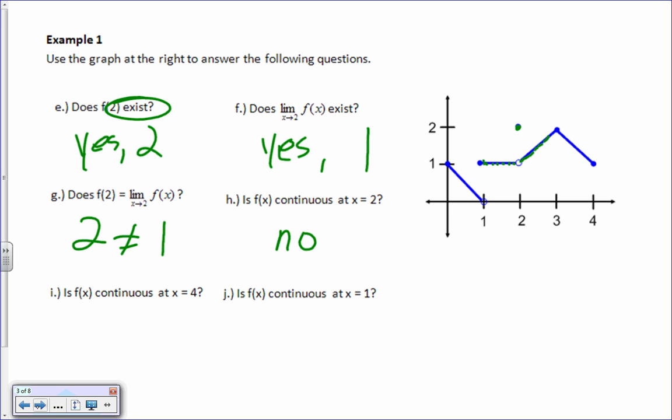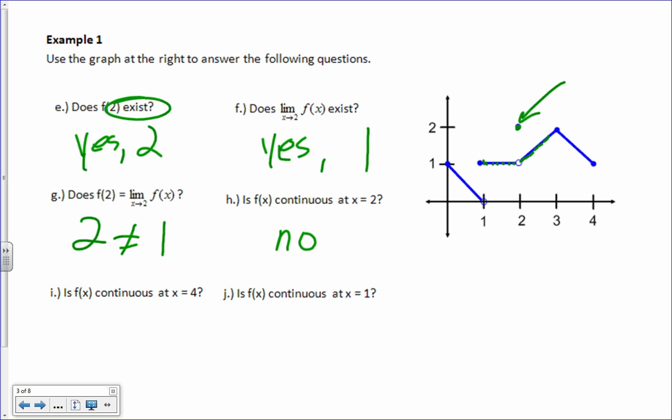So in other words, what if that point was not there? This is the tricky part. If that point is not there, is 2 even part of its domain? So is it a point I should even check for continuity? No. Okay. So does that mean this could be continuous other places? Yes. And overall, could I consider this function continuous? Yes, because you're not supposed to check places that are not in the domain.